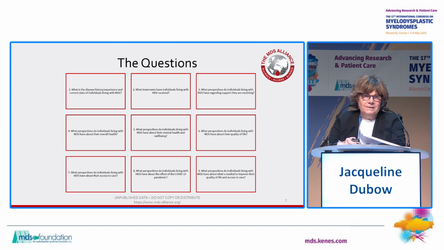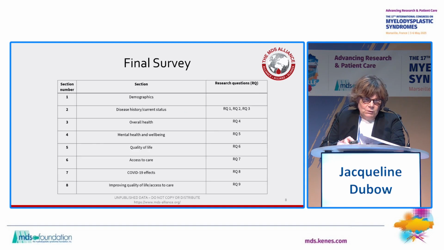We divided the questions in 9 areas, and it was a long process for us, because we wanted to cover everything, and that was a complication. So the final survey ended up in those 8 different sections.